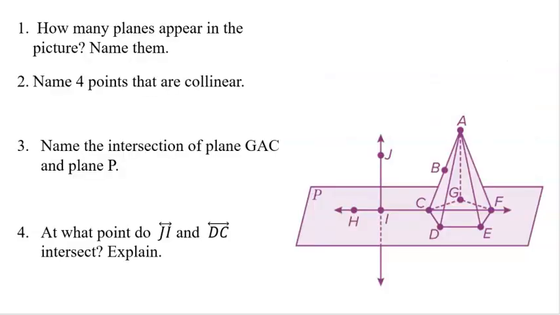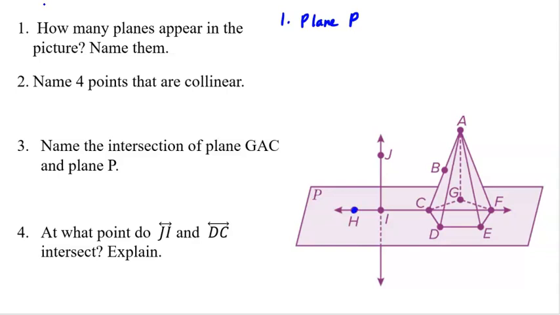All right, now let's take a look at this one. It says how many planes appear in the picture, and then we're going to name them. So we see this 3D figure is laying on this flat surface, which is plane P. So that's going to be one of our planes, plane P. And we could also name plane P by any 3 non-collinear points on that plane.